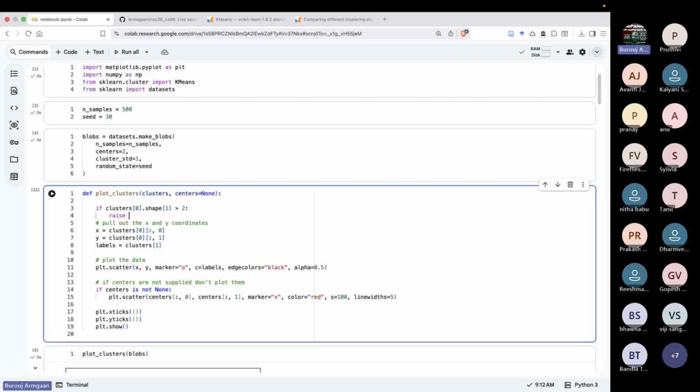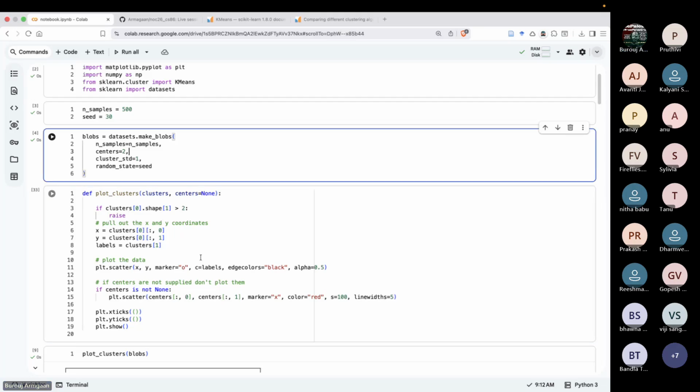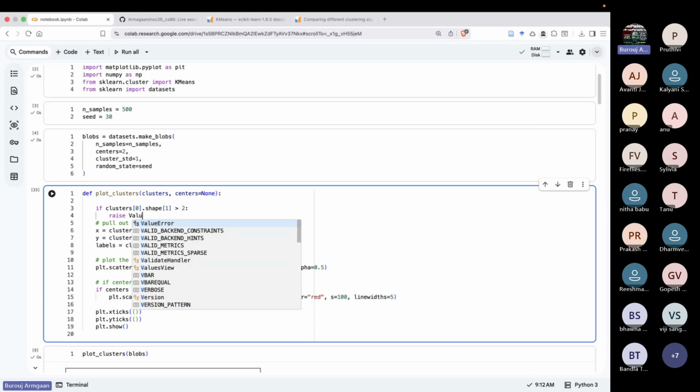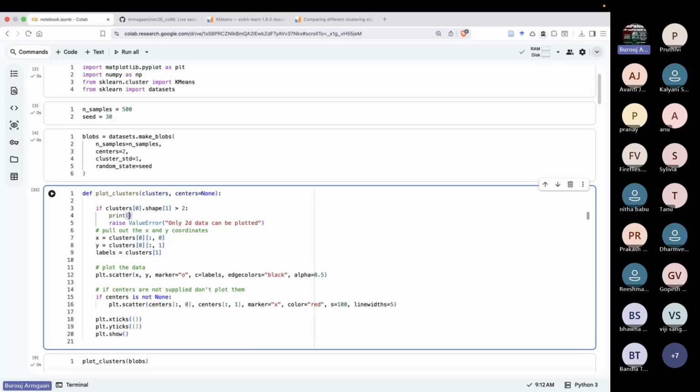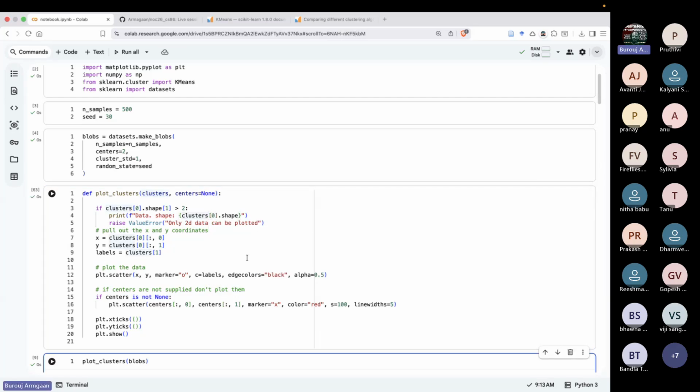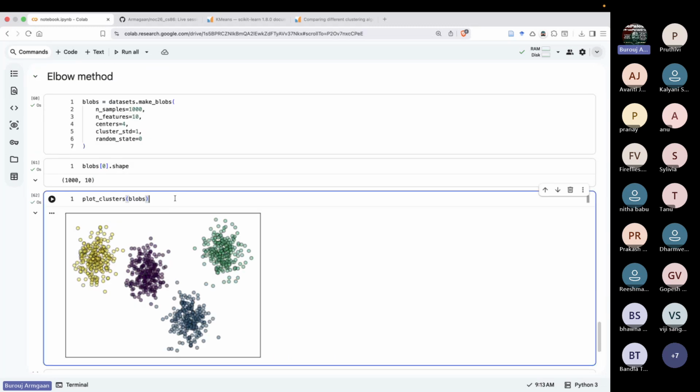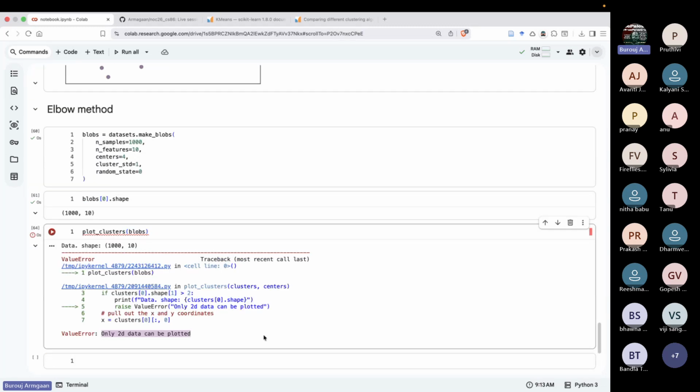We can raise a value error saying data shape, only 2D data can be plotted, and maybe we can just print it here. Okay, so let's try this again. Okay, only 2D data can be plotted. So in this case, we cannot plot it.